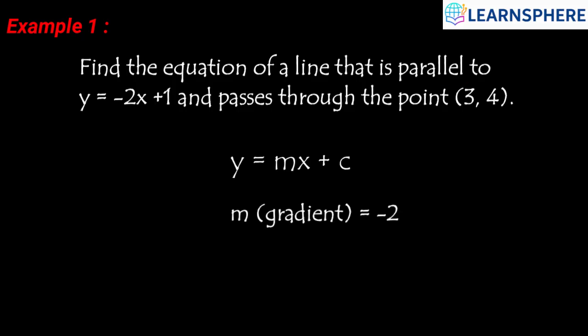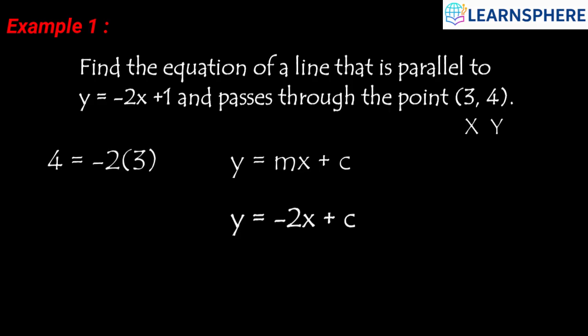We can then substitute this into the equation to get y = -2x + c. Next, to find the value of c, we can use the point that it passes through, which is (3, 4). 3 is our x value and 4 is the y value. We can substitute this into the equation, which gives us 4 = -2(3) + c, which can be simplified to 4 = -6 + c.